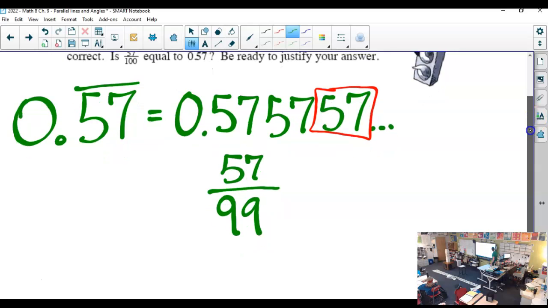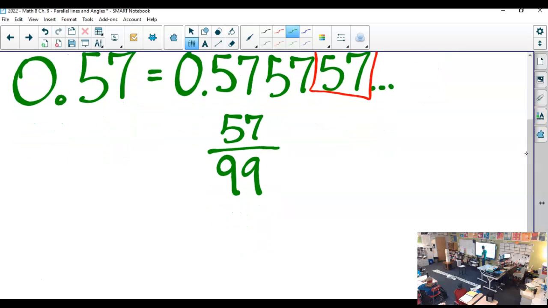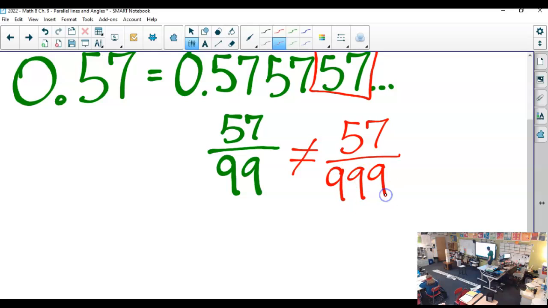However, if I instead say 57 over 999, this is not equal. I'm setting up a different problem. This wants to repeat 3 digits. How do I turn 57 into 3 digits? Add a 0 behind it.